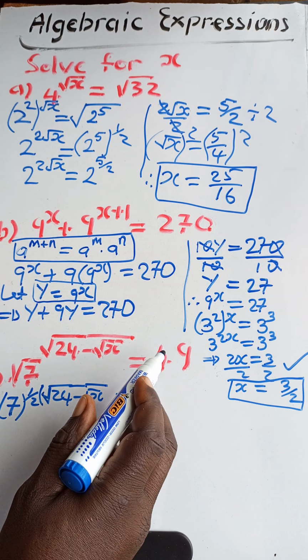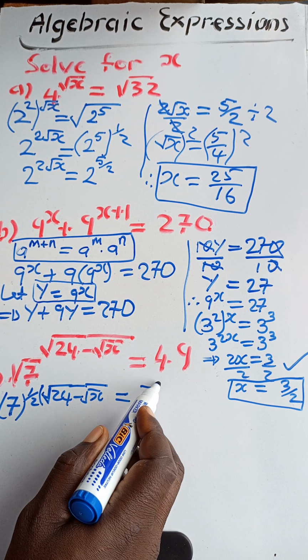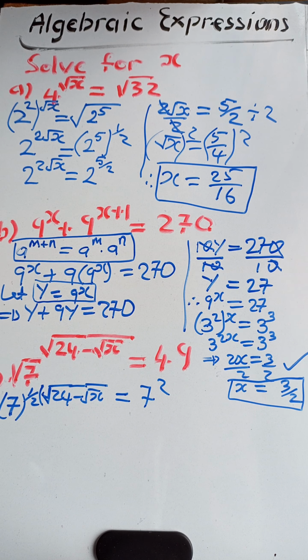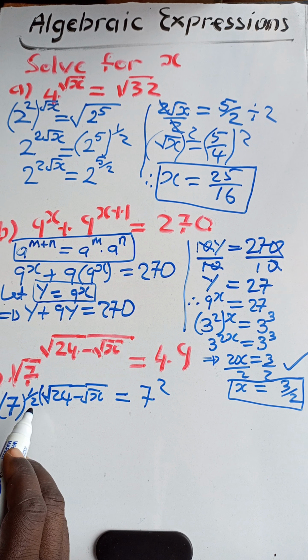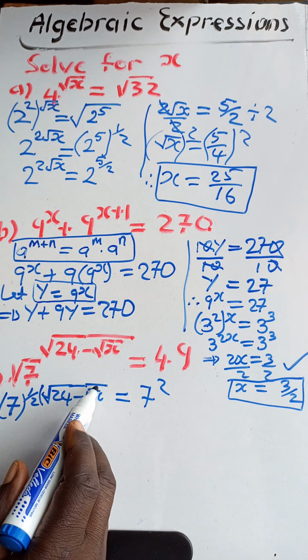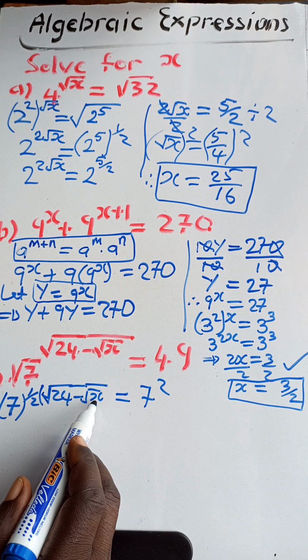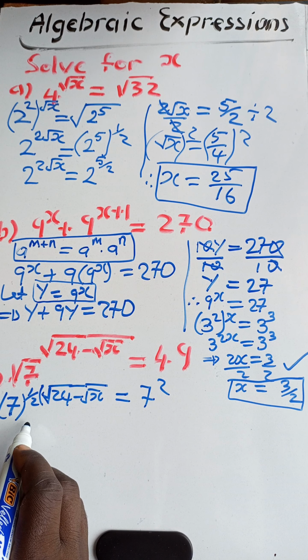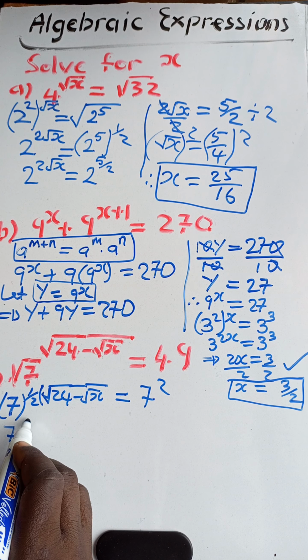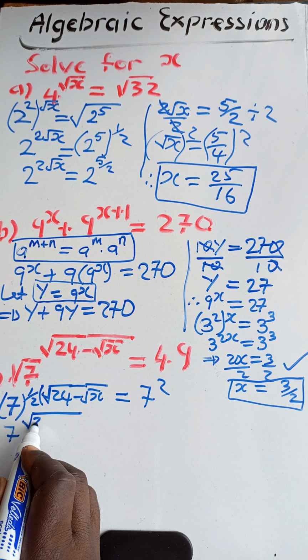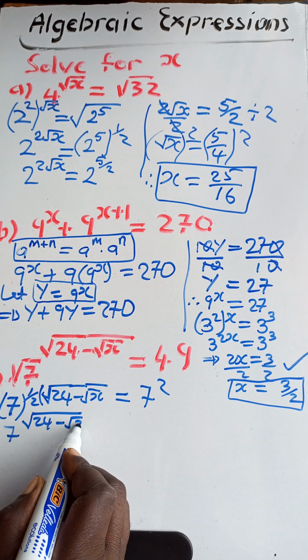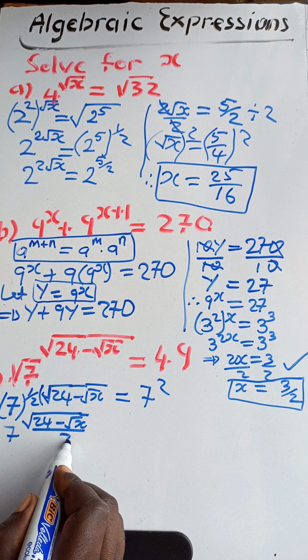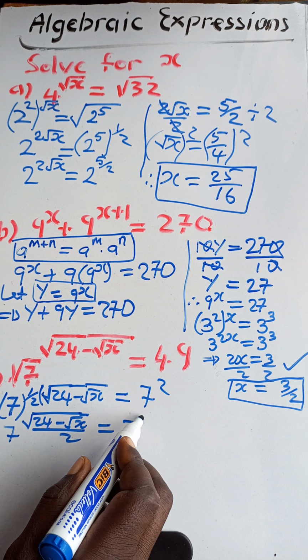Okay, it's equal to 49, which is 7 squared. All right, so a half multiplied by root 24 minus root x will give us 7 to the power root 24 minus root x all over 2 equals 7 squared.